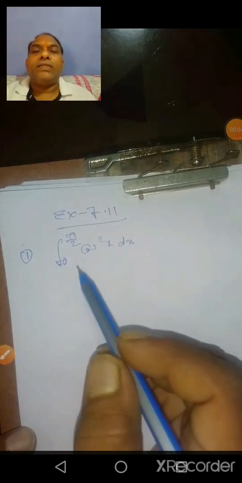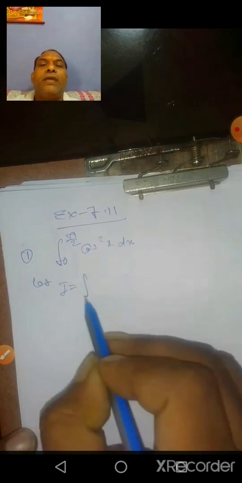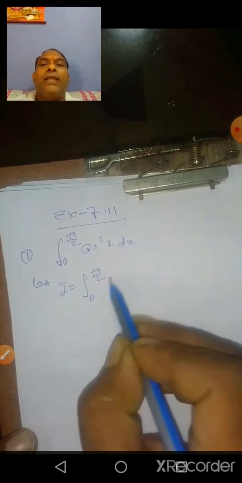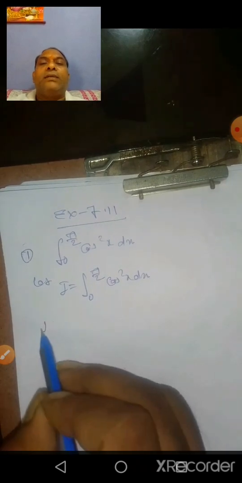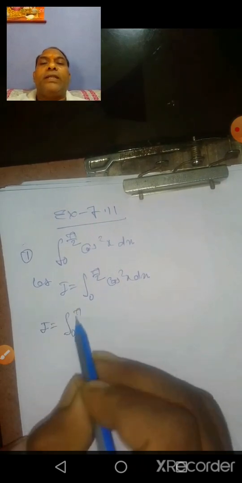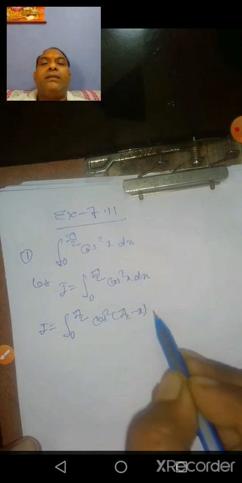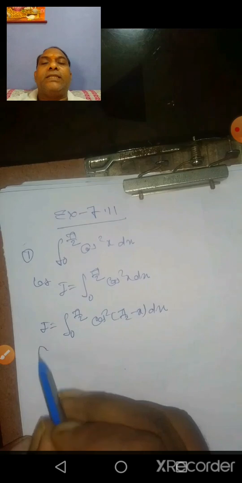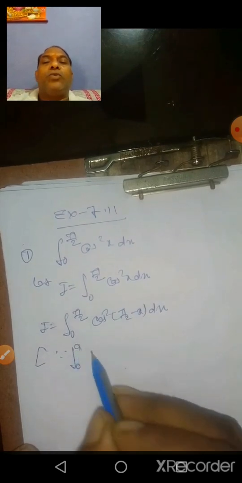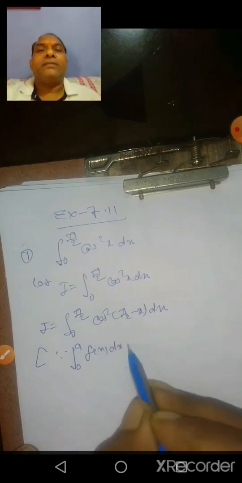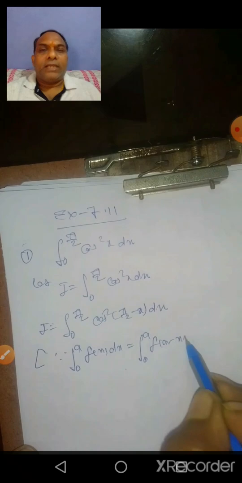Question 1: integration 0 to pi by 2 cos square x dx. So let I is equal to integration 0 to pi by 2 cos square x dx. Now we can apply here the property: integration 0 to a f(x) dx is equal to integration 0 to a f(a minus x) dx.